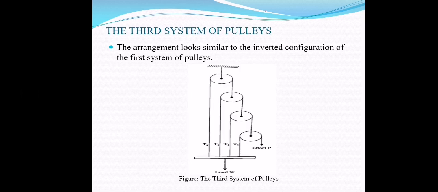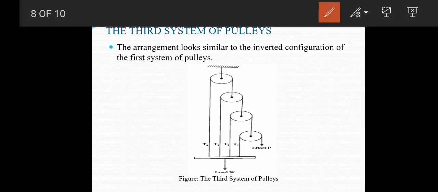So you can see in the first pulley, P here is T1. When we do the free body diagram, P is equal to T1.